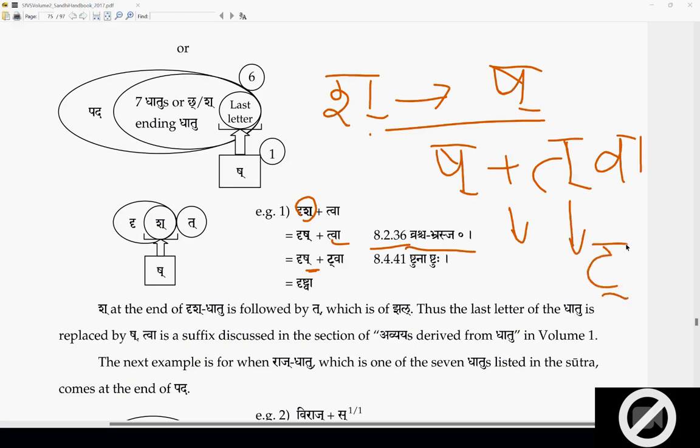Ta changes to ta because of this sutra, sutram 8441 stunashtuhu. This we have studied long before, right? When the sh and ta are close together, then this ta changes to ta. That is just twa.